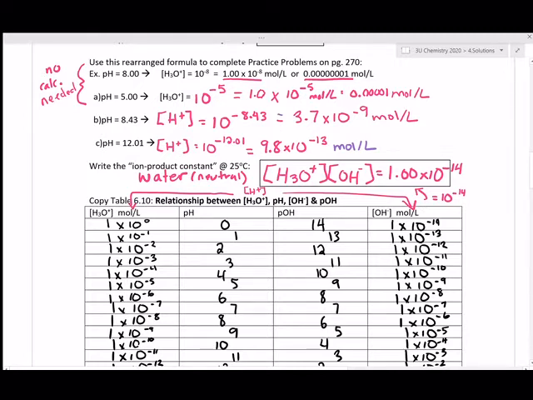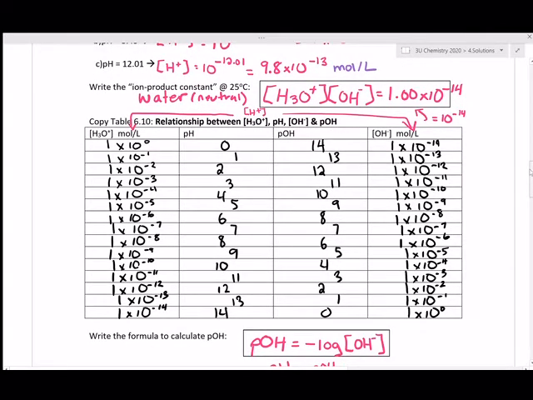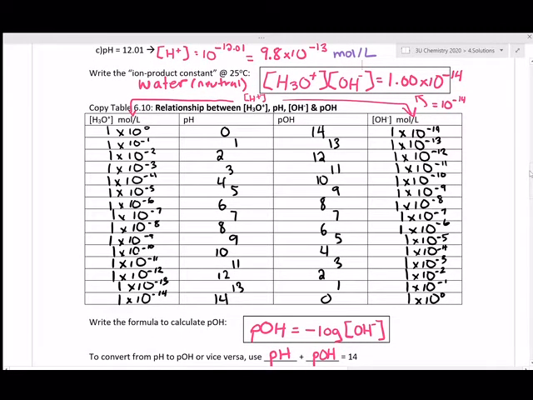And that is a relationship that we can use to now see how the hydroxide ion concentration and the hydrogen ion concentration compare to each other. And how pH and something called pOH compare.